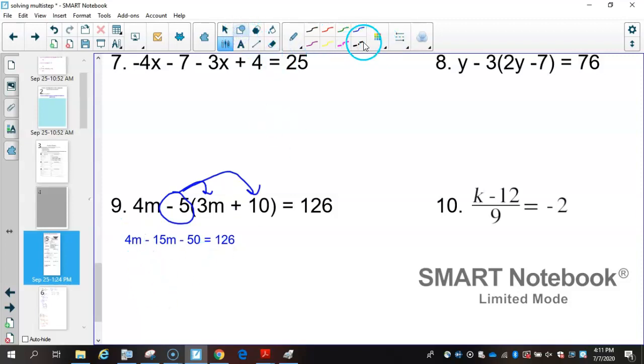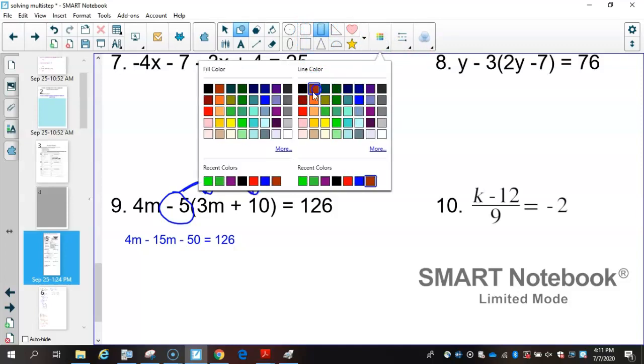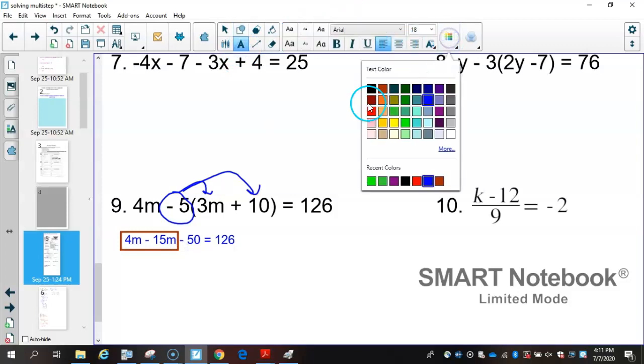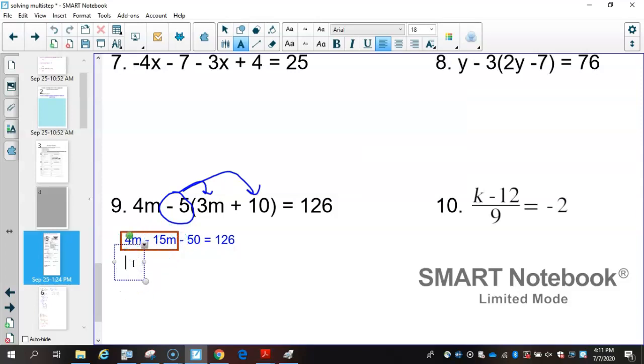I'm going to combine my like terms first. And here on this side, I see that I have two terms with m's. So if I combine those like terms, 4m minus 15m, I'm left with negative 11m minus 50 equals 126.